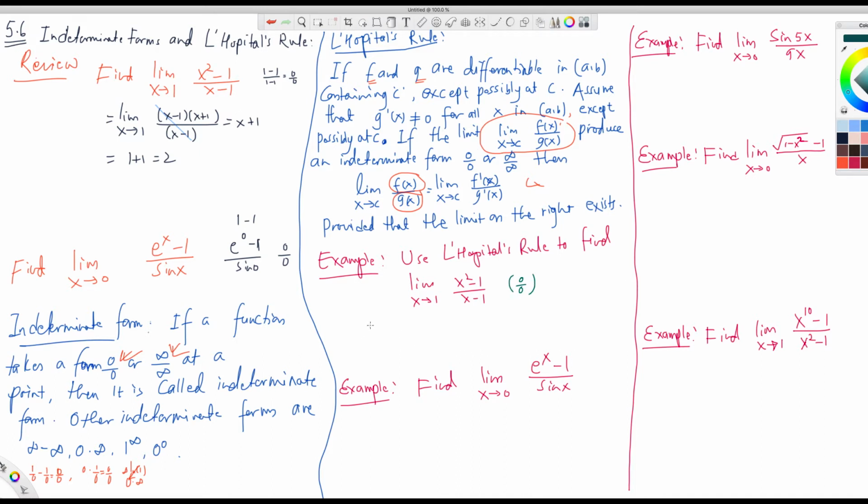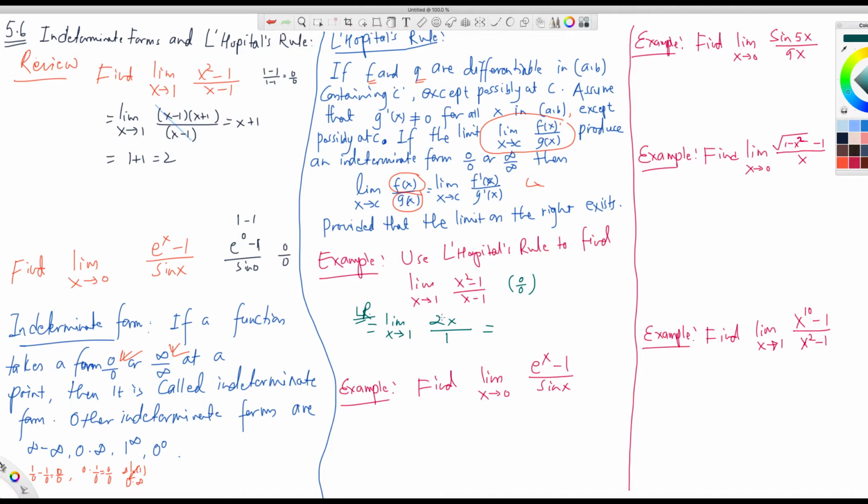By L'Hopital's rule, we can write the limit, find the derivative of the top, which is 2x, divided by the derivative of the bottom, which is just 1, because the derivative of the constant 1 is 0. Now plug in the limit.